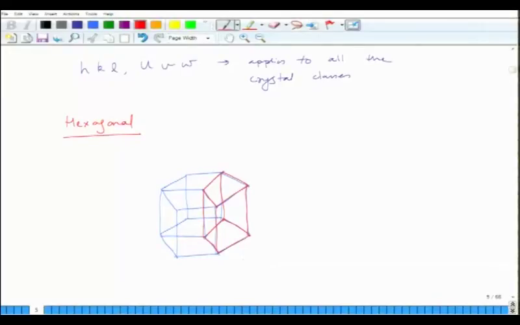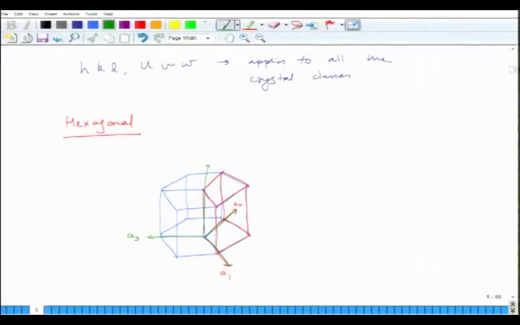However, what we can do here is the following. If I take this as an axis A1 and this as an axis A2, then there is a third axis in this direction, which is called A3. And of course, the fourth axis remains this one.